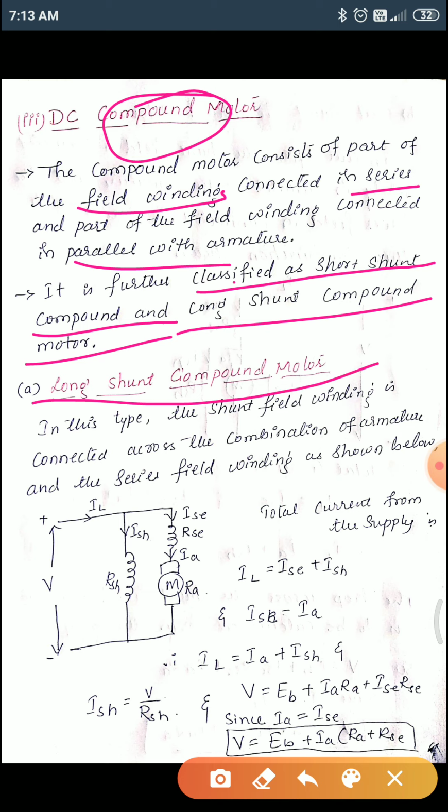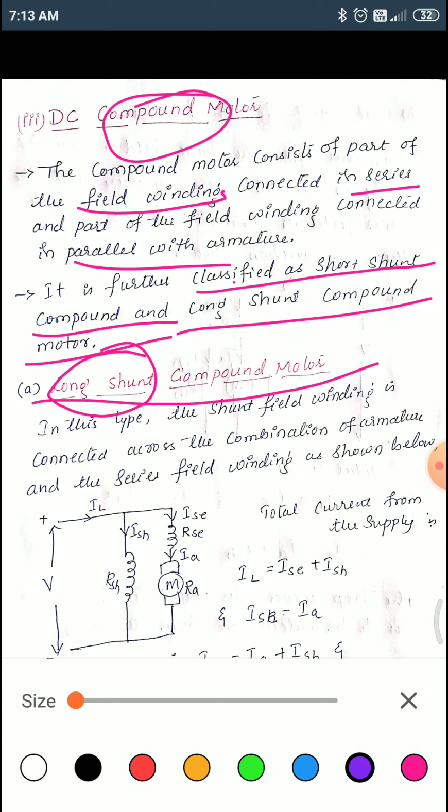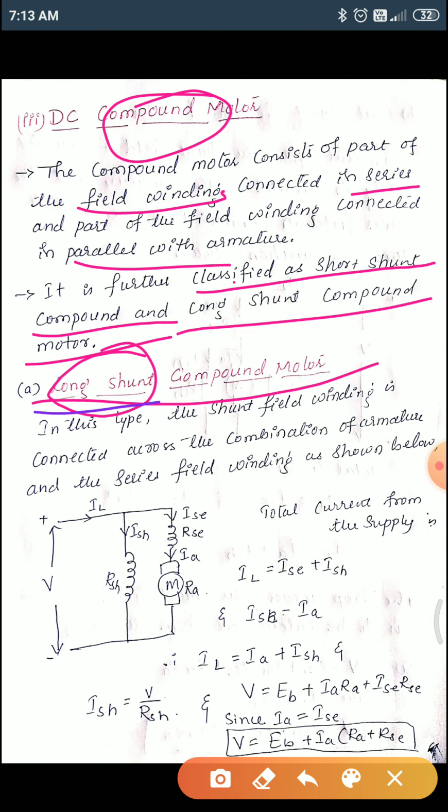Let's see what a long shunt compound motor is. Remember this by the name itself: long shunt compound motor. The meaning is that the length of the shunt is more, which means the parallel connection of the field winding is much longer than the series.